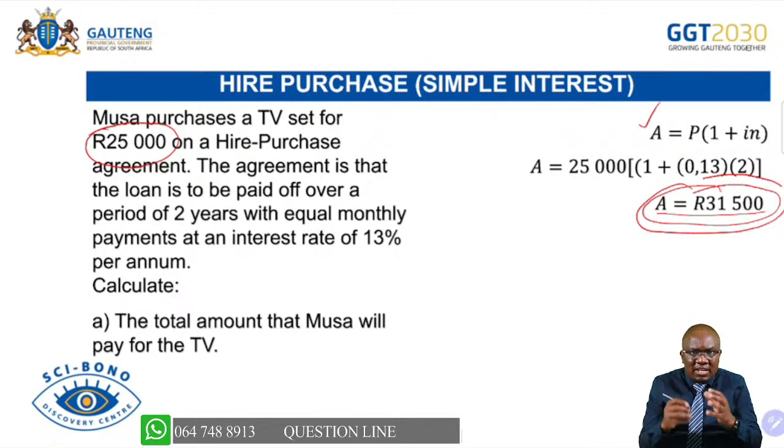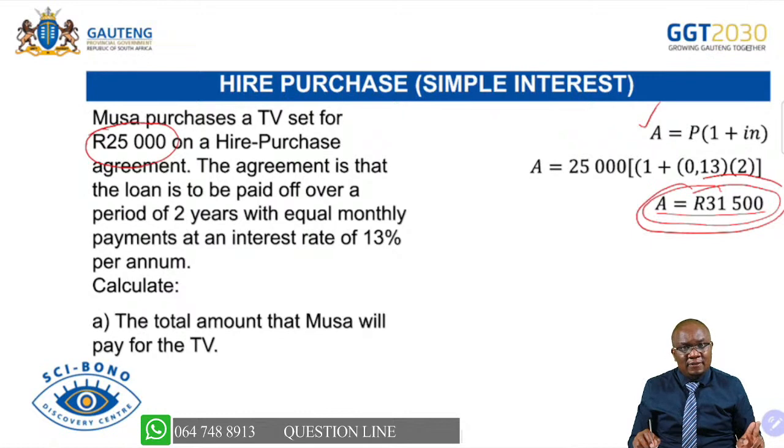And then how does he pay it? He's paying it every month. The agreement is for how many years? 2 years. Each year has got how many months? 12 months. 2 years has got how many months? 24 months. 2 times 12. So if we have an agreement for 2 years and is paid monthly, we are going to pay 24 times. Understand that?